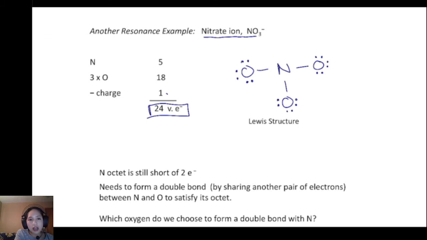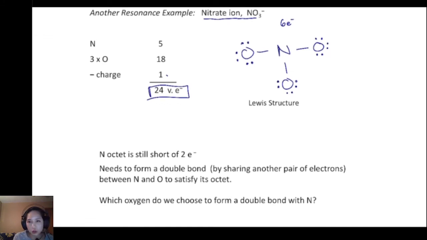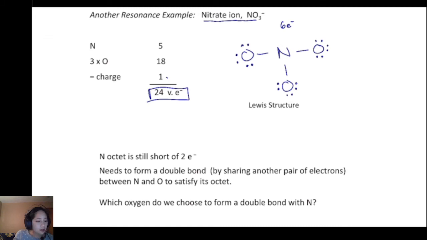Now I can look at the octets of everything. All those oxygens have 8 electrons, which is good. But this nitrogen here only has 6 electrons. Nitrogen's octet is short 2 electrons, so we need to form one double bond. The question is, which oxygen do we choose to form a double bond? Do we pick this oxygen and form a double bond here?